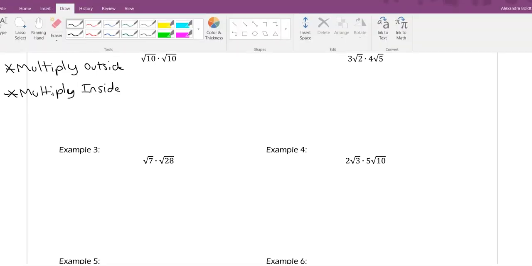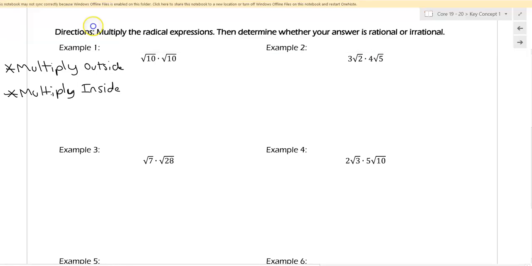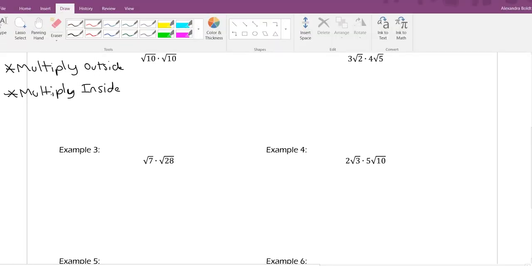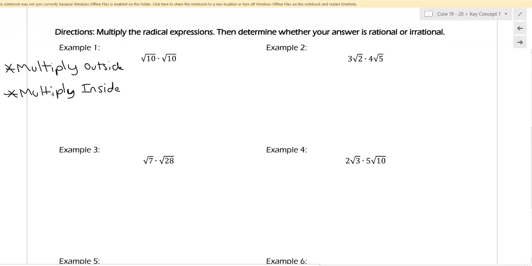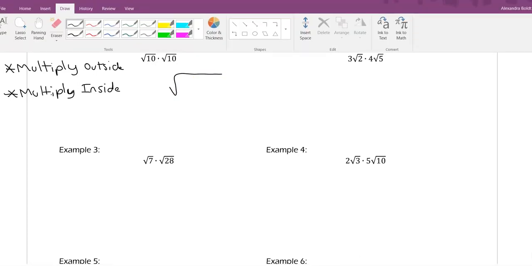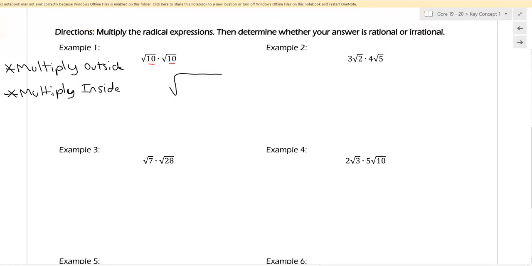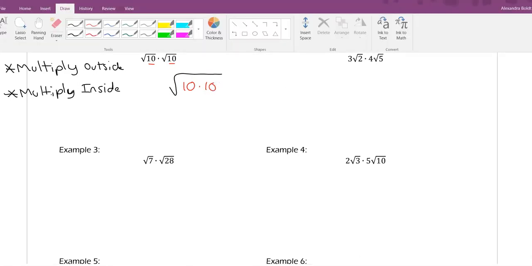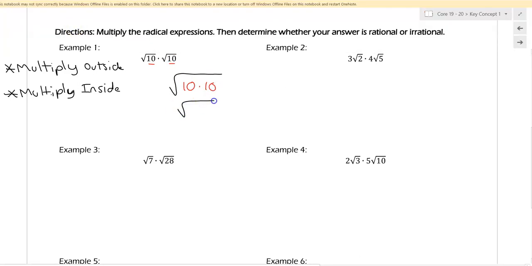Here, our outside technically is 1, but we don't have to really worry about it if there's no outside. So I'm just going to multiply the inside. And inside I have 10 and 10. And the square root of 10 times 10 is the square root of 100.